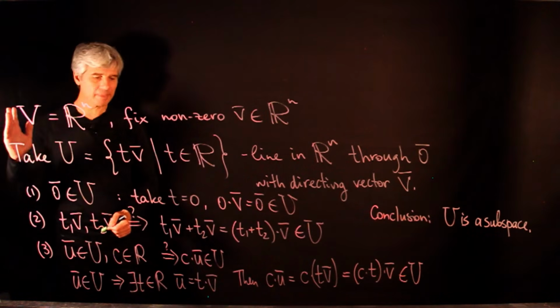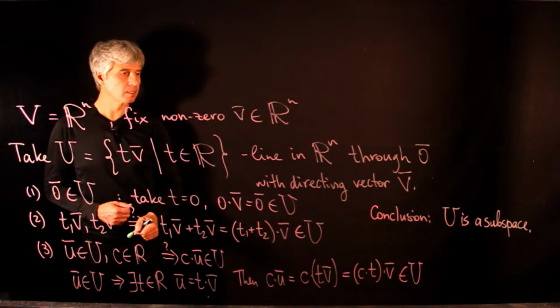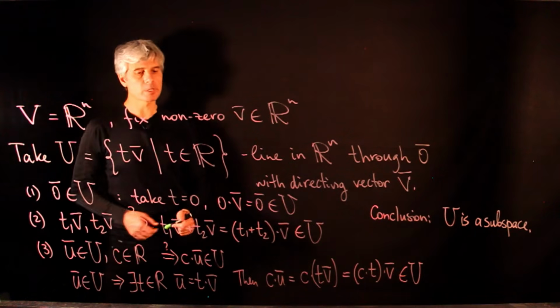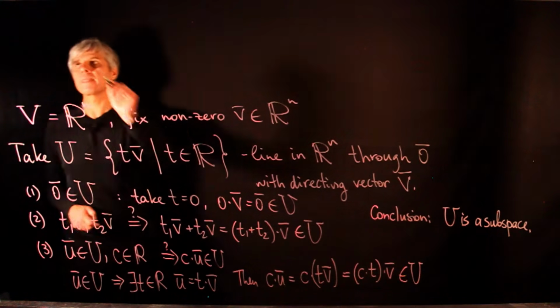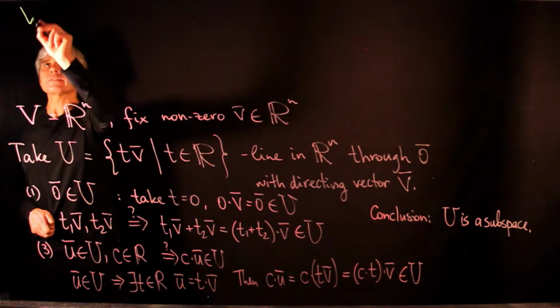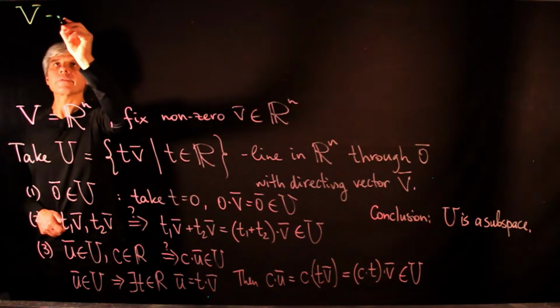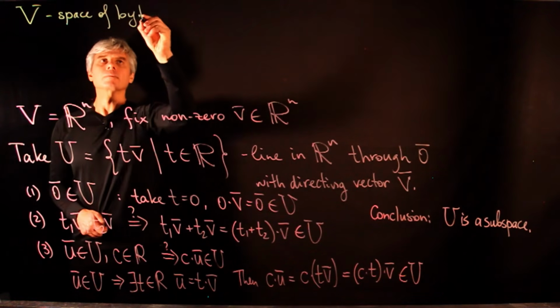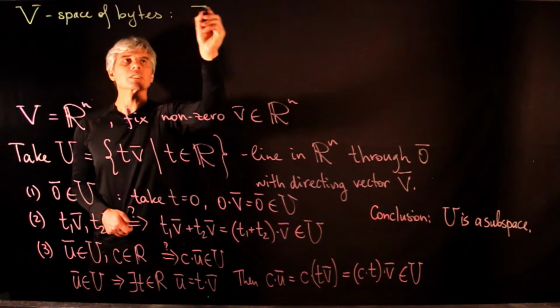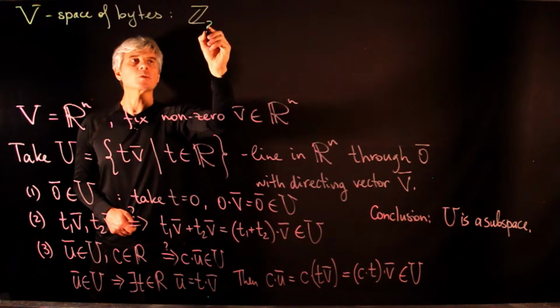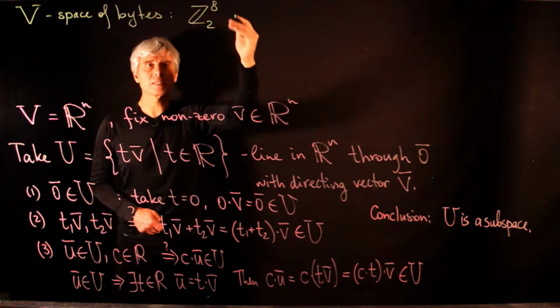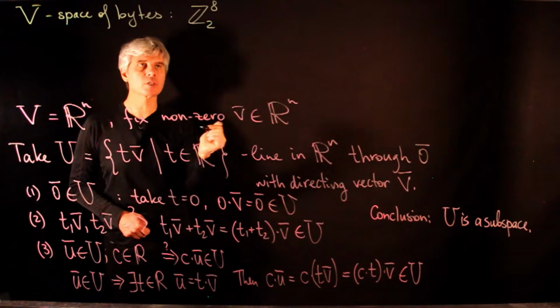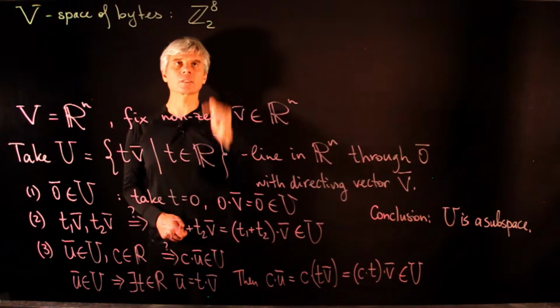Let's try to construct the analog of this example, but now not over real numbers, but over a finite field. Let's take as V the space of bytes. So this is Z2 to the power 8. This means that these are 8 component vectors with entries from Z2.